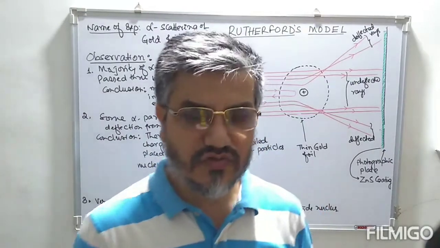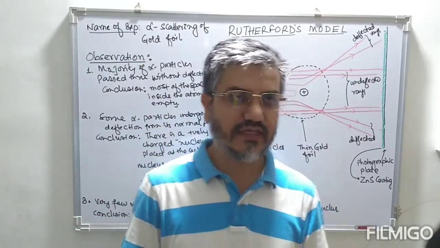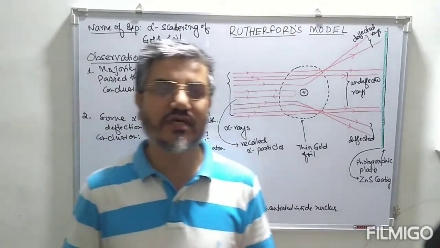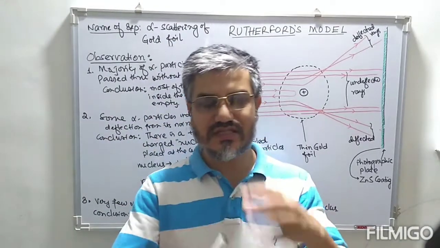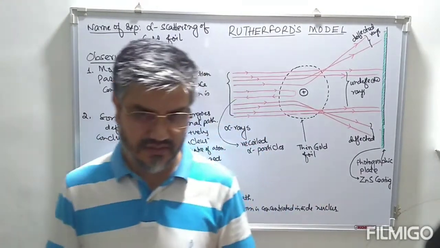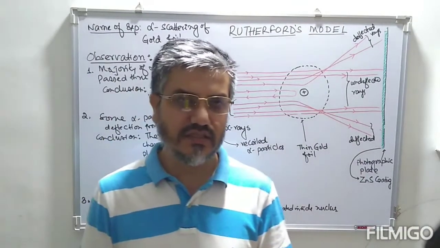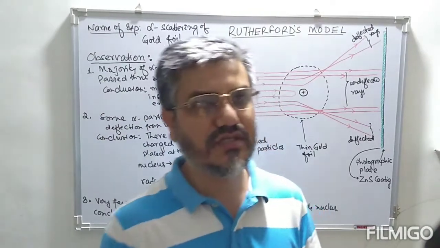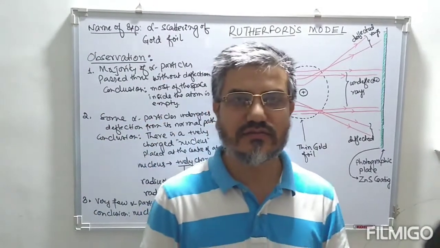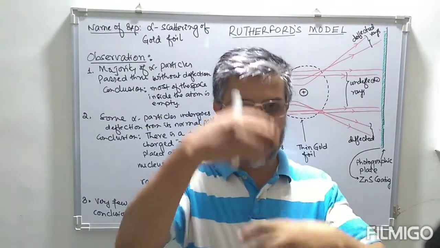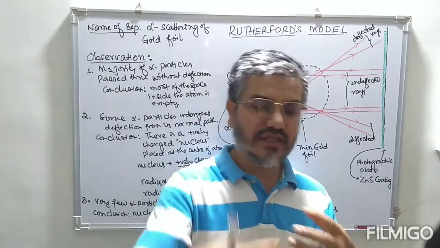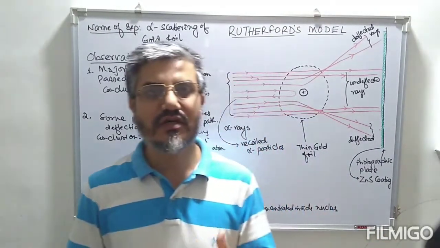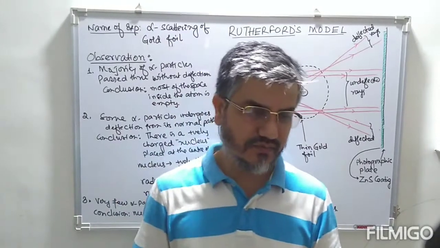The atom also contains electrons, which are negatively charged. These electrons move around the nucleus in circular orbits, because of the electrostatic force of attraction between the oppositely charged electron and proton.